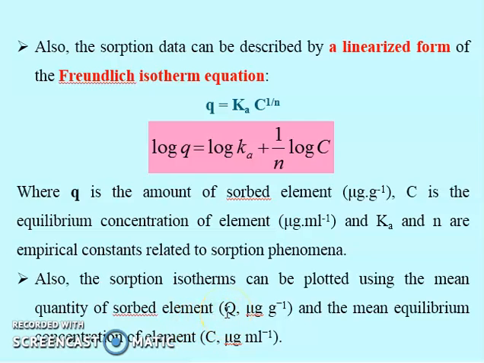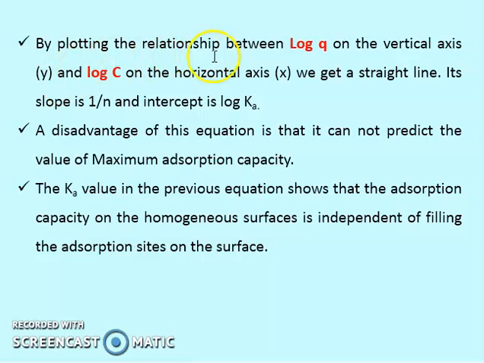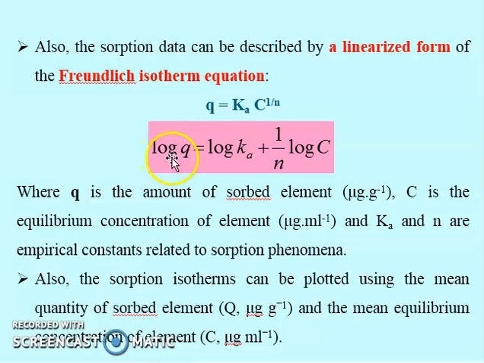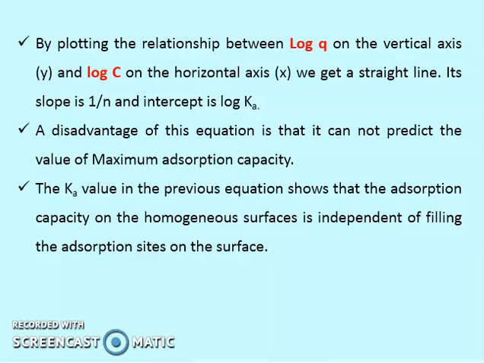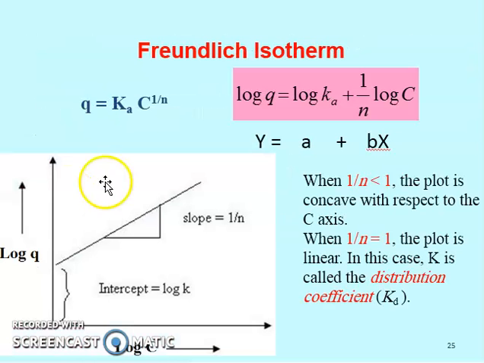So if you plot log Q on the y axis and log C on the x axis, you will obtain a linear line, like y equals a plus bx.